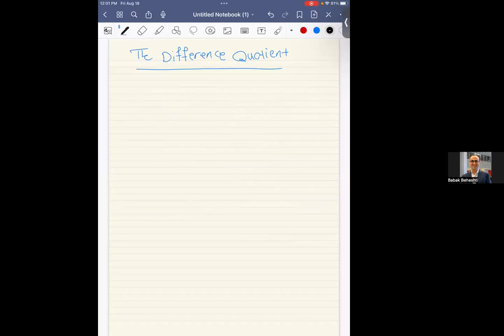The difference quotient is f of x plus h minus f of x. So you basically look at 2 points. One is x plus h. So maybe I can write like this.